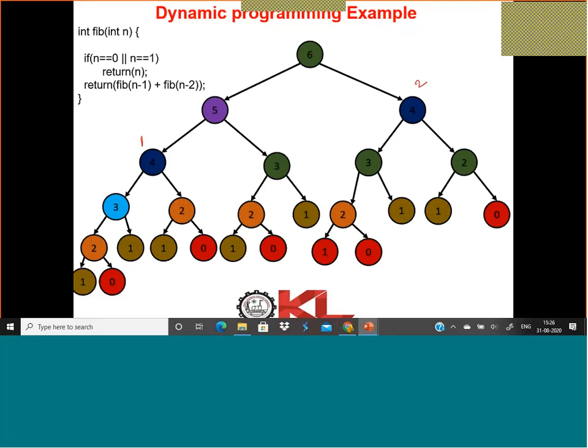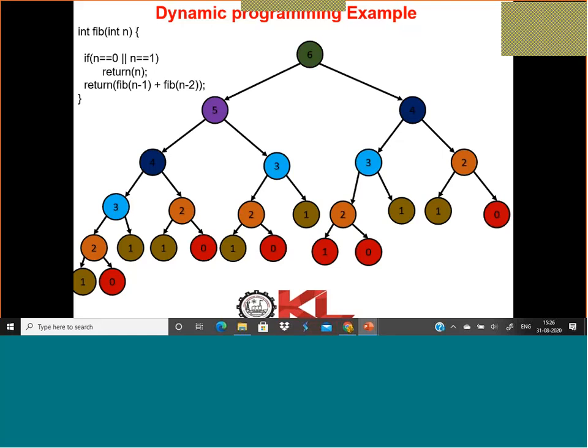Okay. Again, if you look at the Fibonacci of 3, see how many times you are invoking Fibonacci of 3? 3 times. So why is it required 3 times? One time you invoke it and use the same value for other purposes. So first time you find the value of Fibonacci 3 and use the same value for this one, so that the function calls are drastically reduced.